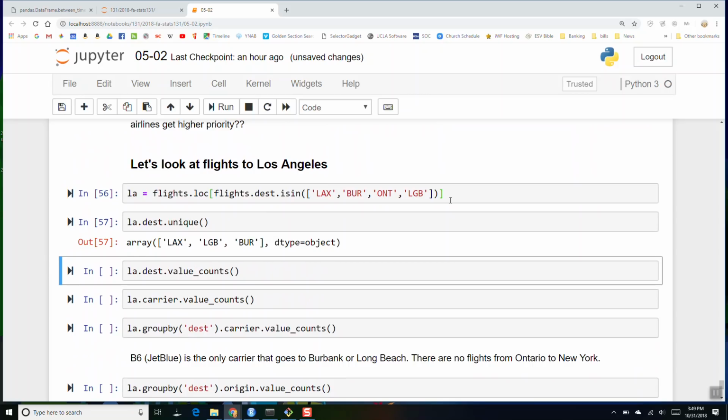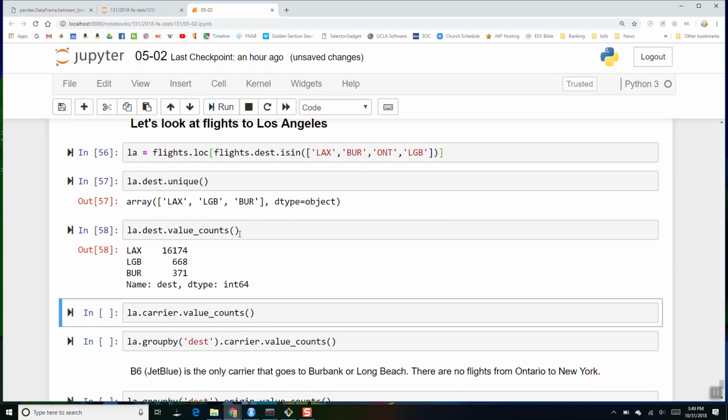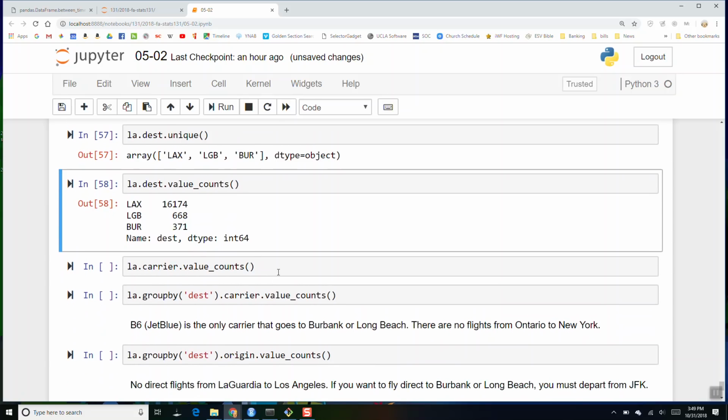You can get to LA if you make stops in other places, but they don't show up in the table. The table here is just direct flights from New York to LA. And we can see most of them fly into LAX, which is not a surprise. Burbank, actually, there's probably 1 flight a day from New York to Burbank. It's just a little bit over 365. And then a little bit under 2 flights a day for Long Beach.